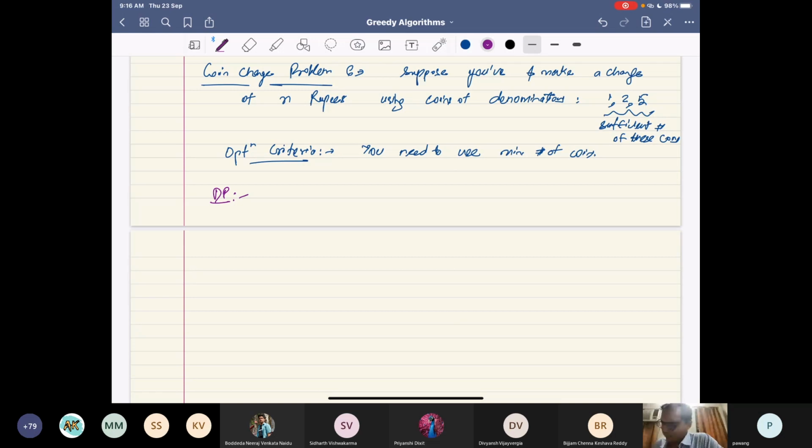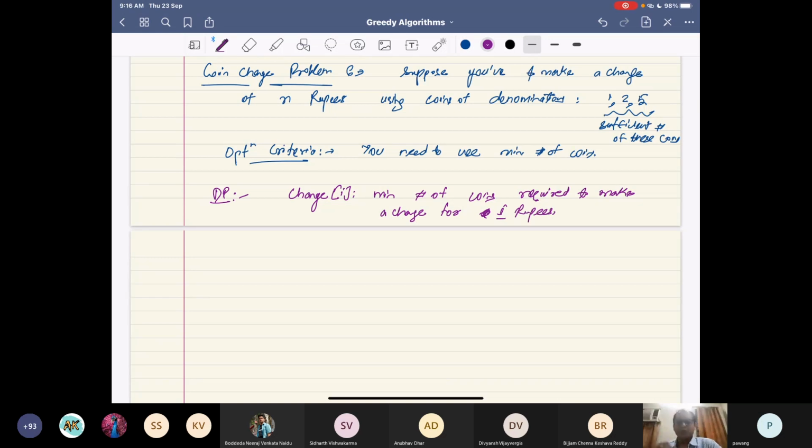What is a good subproblem definition? dp of I is the minimum number of coins to achieve I rupees. Good. So let me call it change. Change of I is the minimum number of coins required to make a change for I rupees.